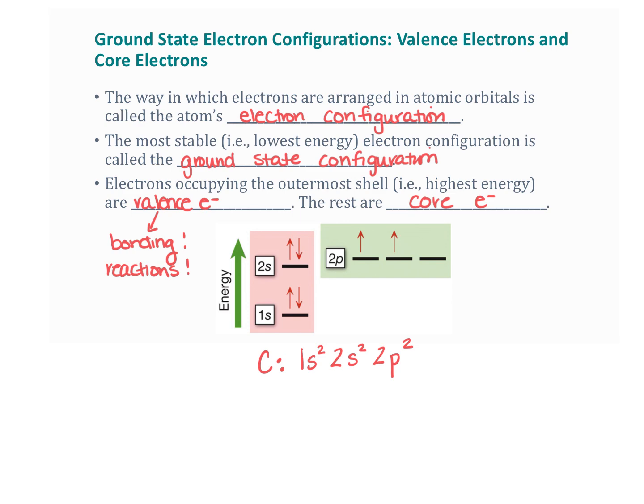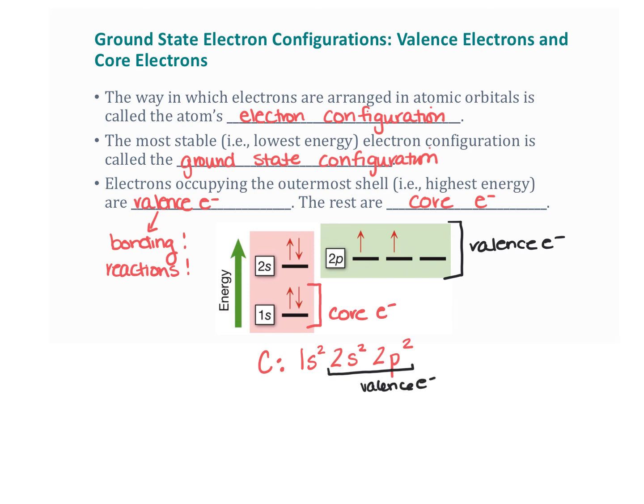So that means for carbon, these here in this 1s are our core electrons. And the valence electrons are going to occupy those highest energy shells. And so for our carbon atom, these are our valence electrons. We see the highest principal quantum number is 2, and so that's the outermost shell. That's where our valence electrons are.